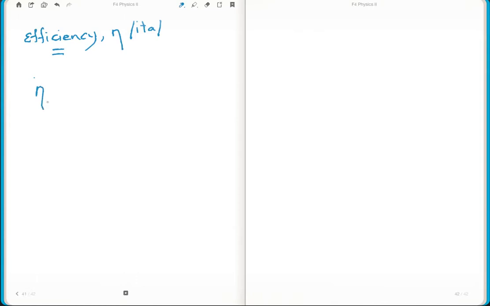So efficiency is actually the power output over power input times 100%. What does it mean by that? You have a machine, your input power, this is P input. How much do you get out from this machine?